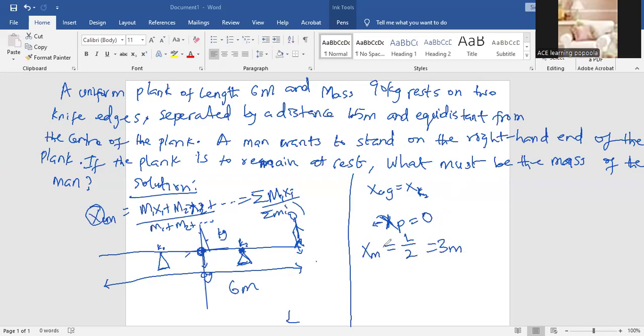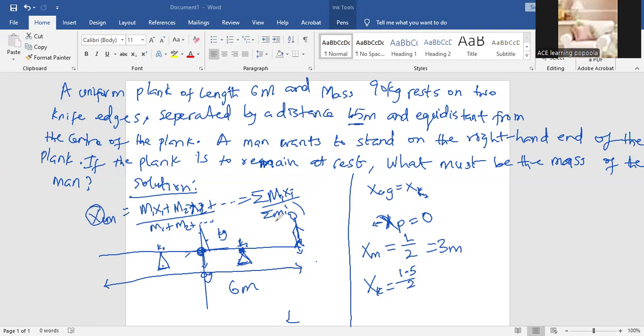Now, knife edge 2 that we are concerned about, we'll take that one also. The location of the center of gravity of the knife edge is at 1.5 divided by 2. Remember, 1.5 is the separation between the two knife edges. From here to here is 1.5, so from here to here is 1.5 divided by 2. Let's just leave this like this for easy calculation.